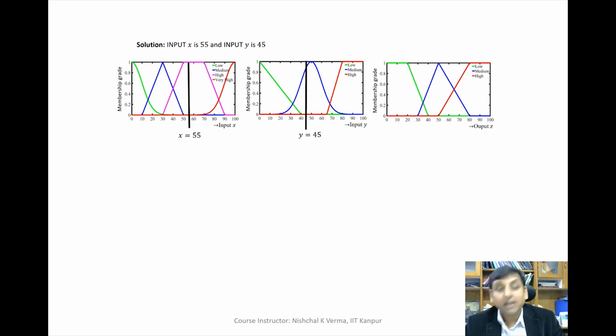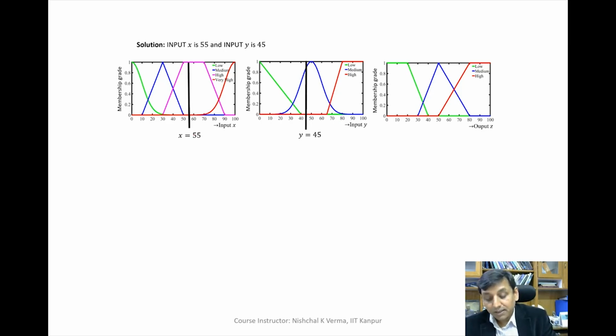So the target here is that you have to find the output. Let us first find how many fuzzy rules are applicable. For finding the applicable fuzzy rules, we first have to look at the relevant fuzzy regions for the particular input.